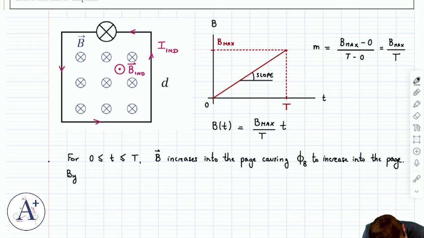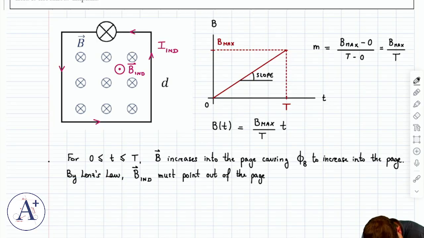And then by Lenz's law, B induced must point out of the page, with I induced flowing counterclockwise.